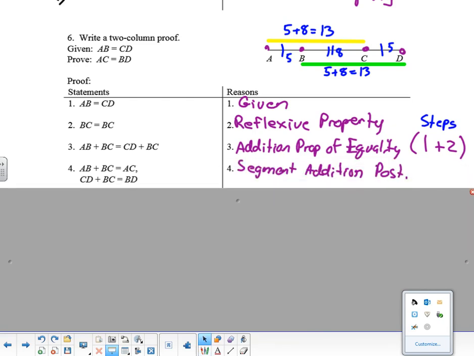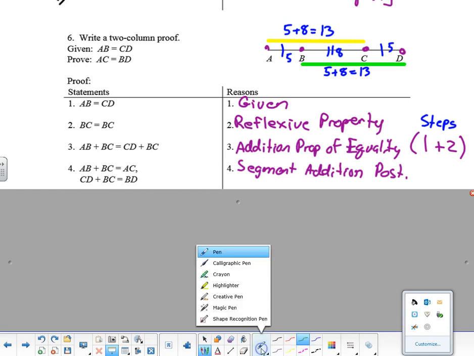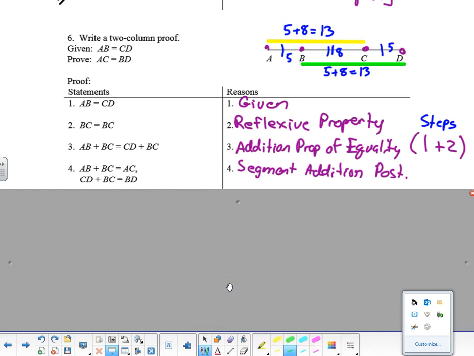All right, now we're going to do the segment addition postulate. So AB plus BC equals AC. Let's just highlight this. AB plus BC, whoops, got the green one again, I need the yellow one. AB plus BC, that's our yellow one, equals what?